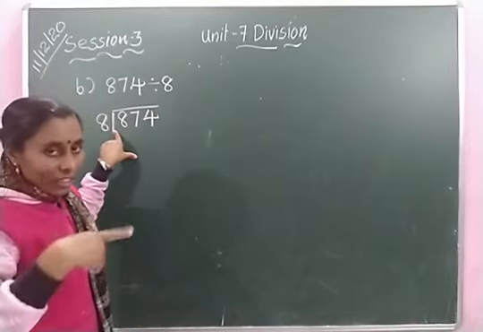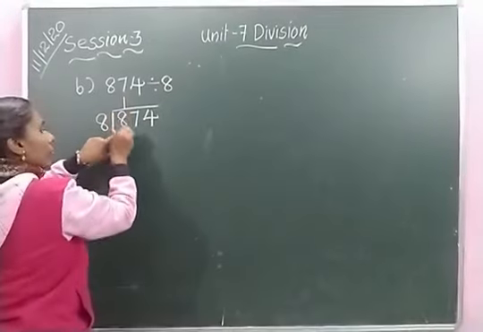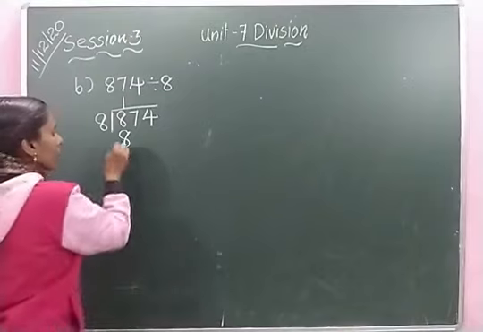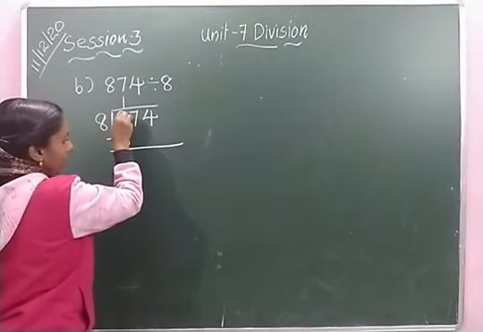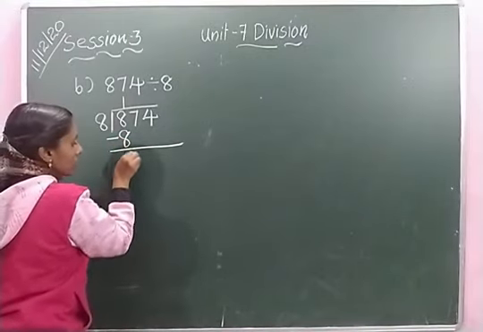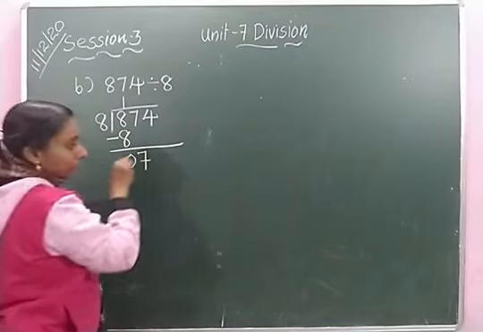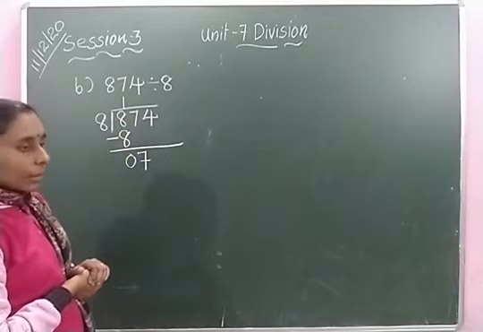How many 8s will we get from 8? 1 time. 1 eight is 8. Then what is the next step? Subtraction. 8 minus 8, 0. Then 7 comes down.